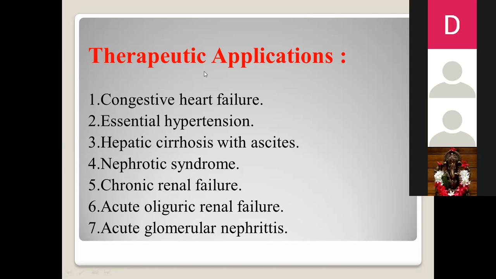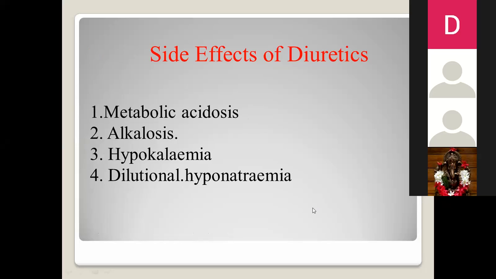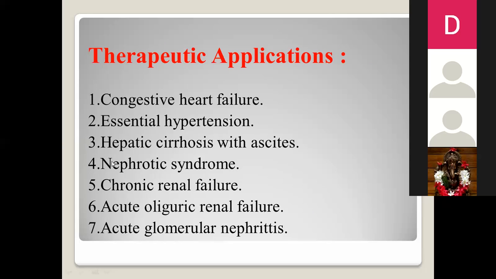Nephrotic syndrome means it is related to which organ? Kidney. Nephron is the structural and functional unit of the kidney. That's why it is related to the kidney. Are you paying attention, second year? Yes, ma'am.